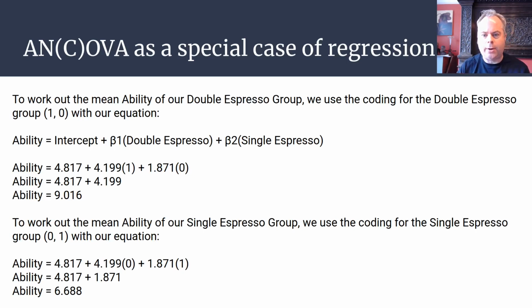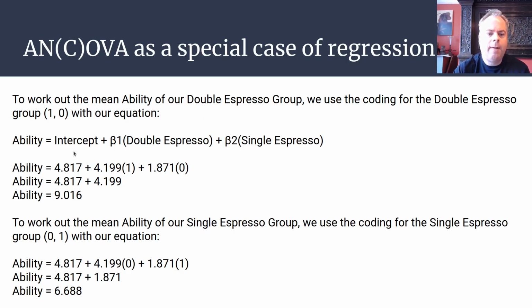So let's do that now. So let's work out using our linear model equation what those values actually are. If you recall, the coding for our double espresso group is 1, 0, so we can plug those contrasts into our equation.